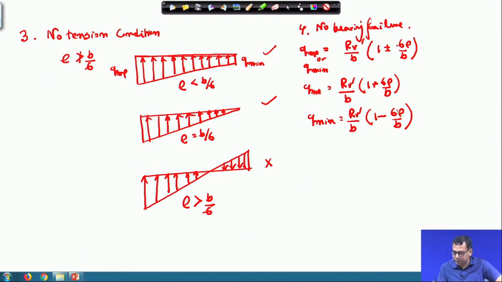If e is greater than B by 6, then it will be negative. So, that is not recommended, that is why.